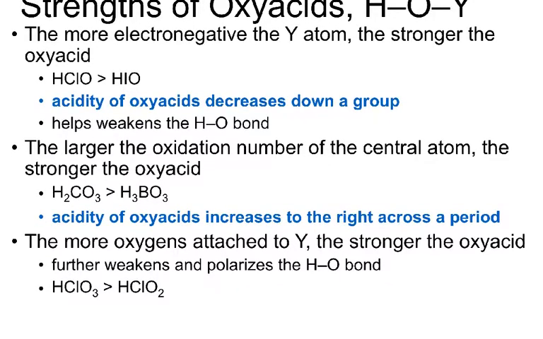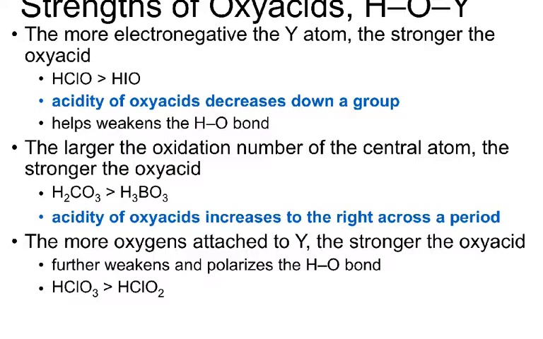Oxyacids are kind of the opposite. The more electronegative the Y atom, the stronger the oxyacid. So for oxyacids, their acidity is going to decrease down a group, unlike the binaries, which increased. And the larger the oxidation number of the central atom, the stronger the oxyacid.